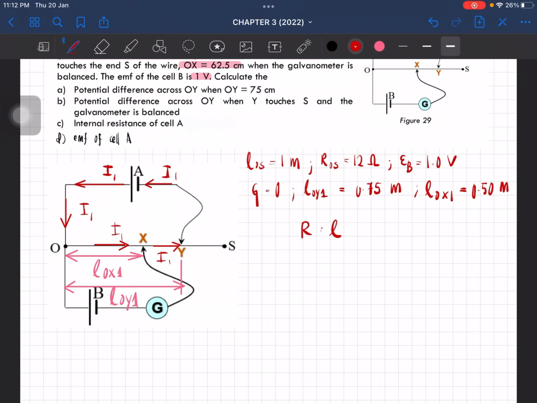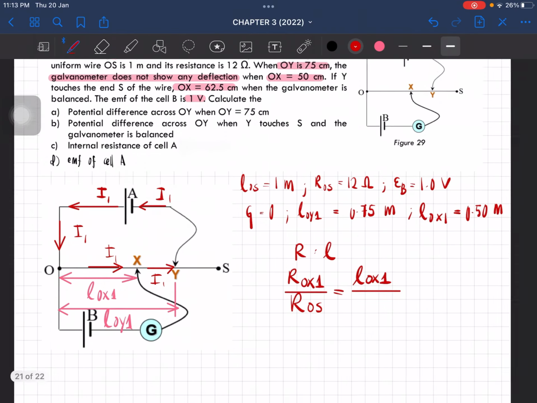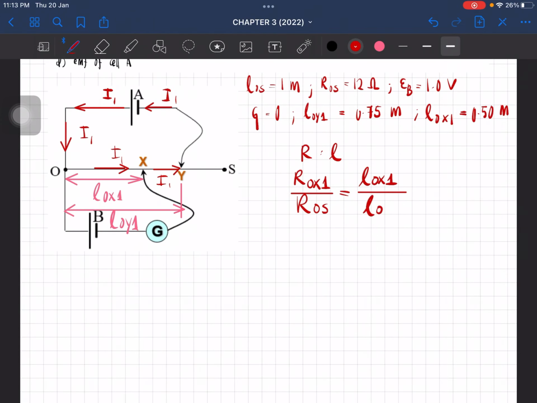Firstly, we look at the resistance of OX1 divided by the total resistance of the wire, which is ROS, the resistance of the wire, equal to the length of OX1 over the length of the whole wire, LOS. So from here we can find the resistance of OX1, which is equal to 6 ohm.